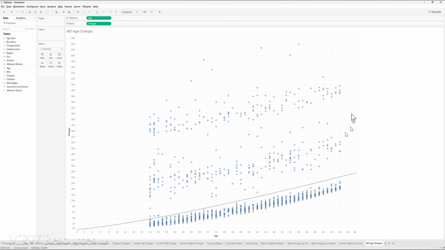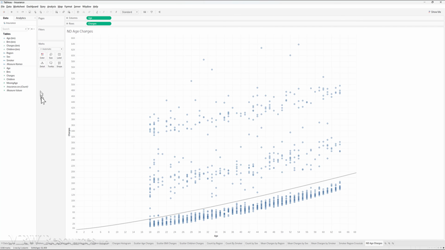Then we have a couple bands up here that are also spread out, but still form distinctive lines that seem to take just about the same shape as the line below, which I believe does have a little bit of a curve on it. We ended up having a power line, I believe. Yeah. All right, so let's see if we can bring in some other dimensions.